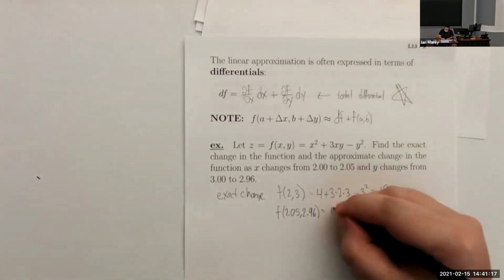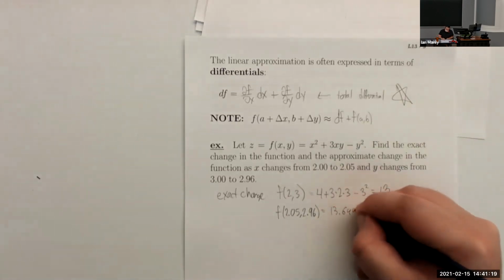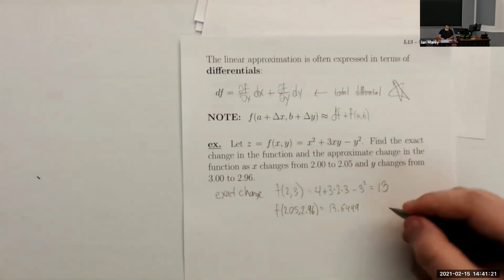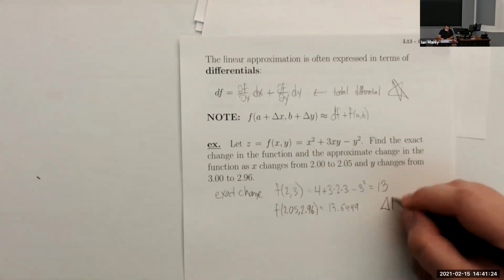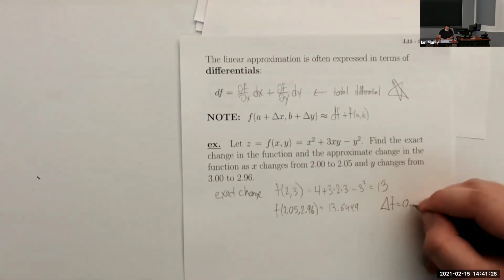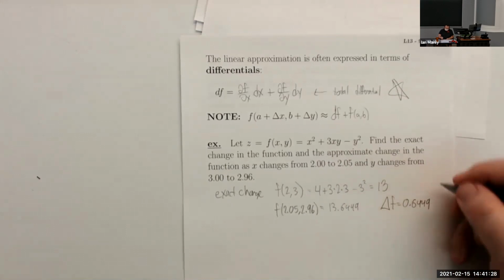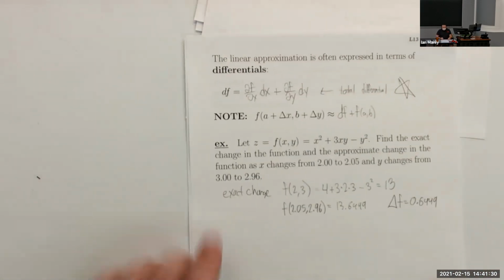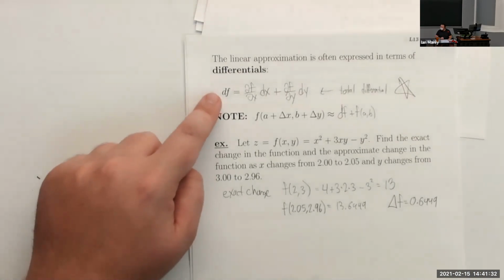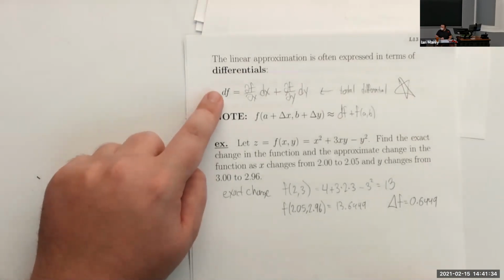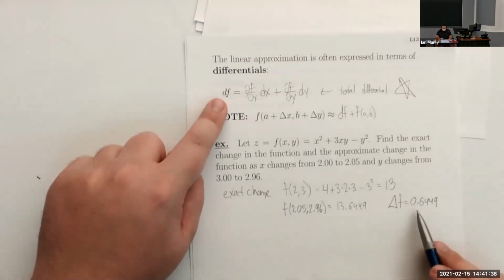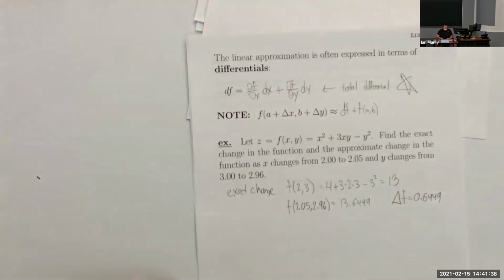Yeah, it's going to be 13.6449. So the difference between these, delta f, will be 0.6449.